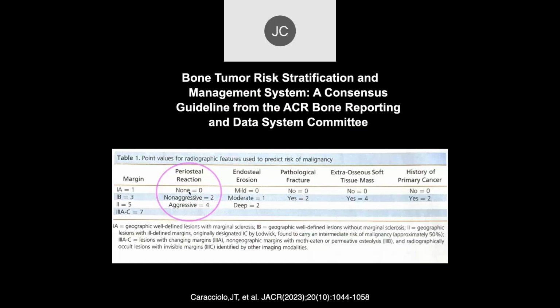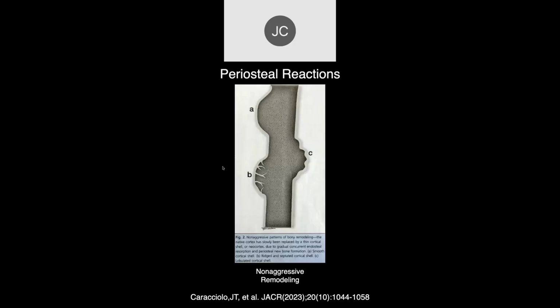Then we go into periosteal reaction, and this is typically graded as none, non-aggressive, or aggressive, in which none gets 0 points, non-aggressive gets 2, and aggressive gets 4. The non-aggressive patterns tend to fuse directly with the cortical bone, just kind of outpouchings of the bone. You can have some little fissures in it. It can be lumpy and bumpy, but these are typically non-aggressive patterns of bone.